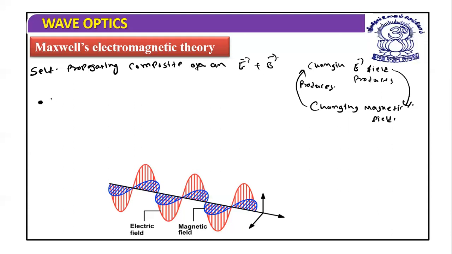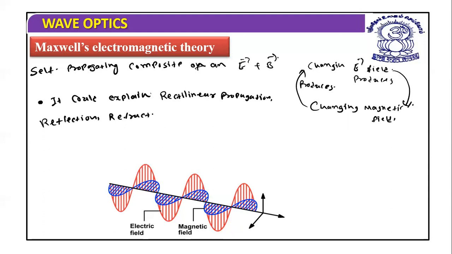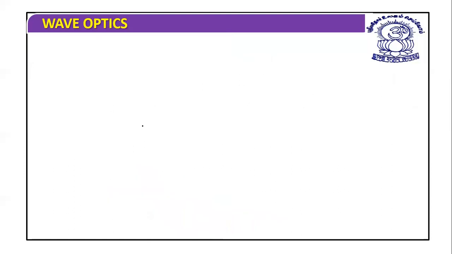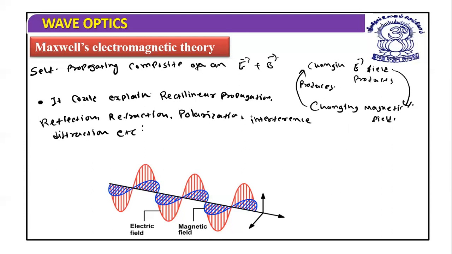This theory could explain many things: the rectilinear propagation, the reflection, refraction, polarization, the interference, the diffraction, etc. Majority concepts can be explained by Maxwell's electromagnetic theory.